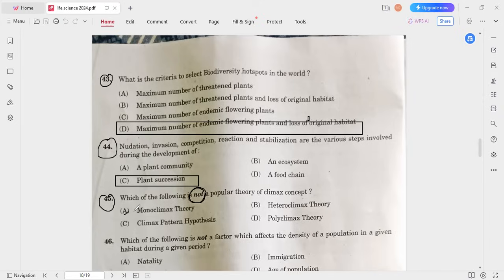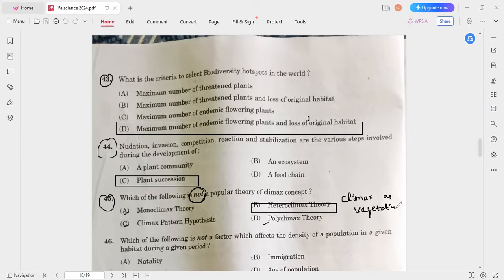Monoclimax theory is also popular. Climax pattern hypothesis is also popular, and polyclimax is also popular. But climax as vegetation, which is coming under heteroclimax theory, that is climax as vegetation.